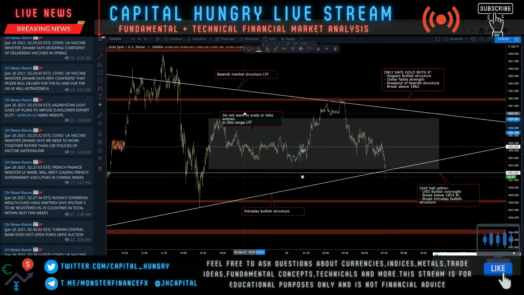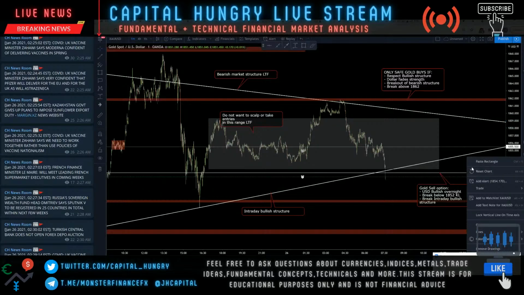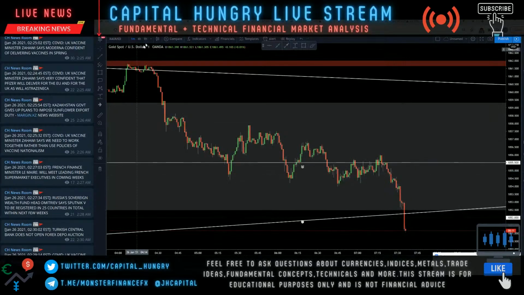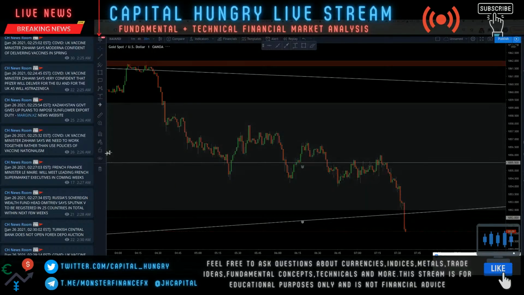And we're just going to zoom in here and start observing the price action. Because we're starting to get that potential break below, especially when we come out here and look at the 30-minute.